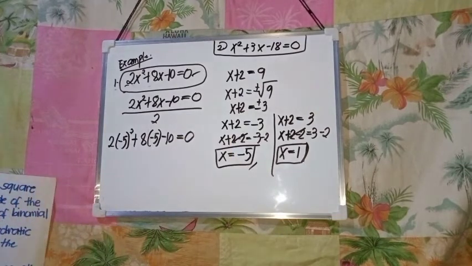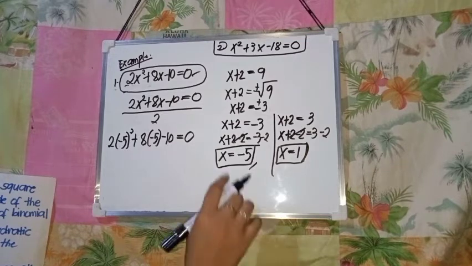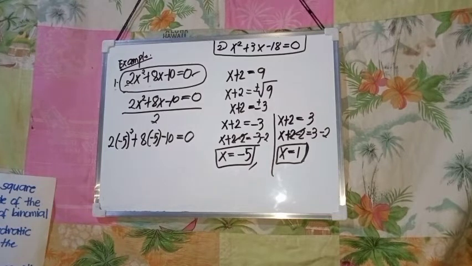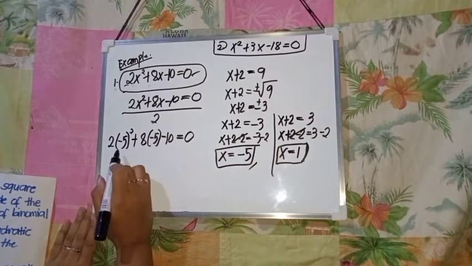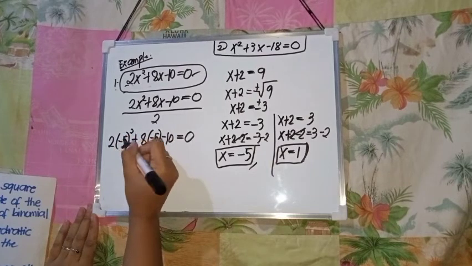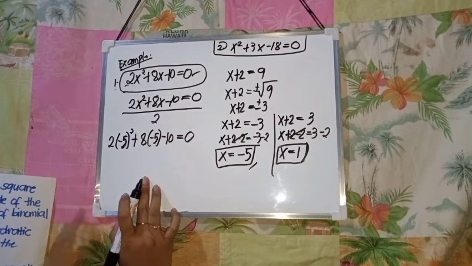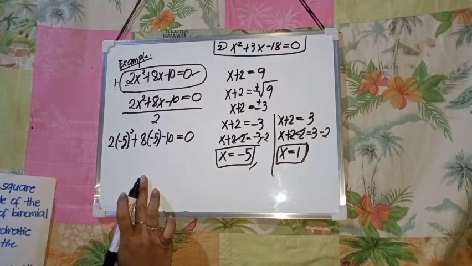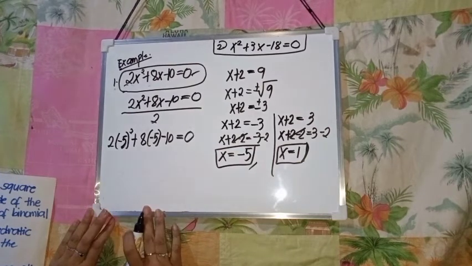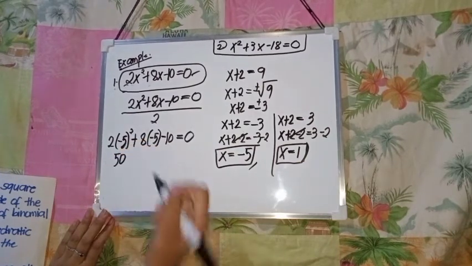What you are going to do is replace all the variables with their value. Since we used negative 5 first, all the x variables will be replaced with negative 5. By the rule, we need to solve for every number inside the quantity sign first. So negative 5 squared is 25, times 2. 25 times 2 is 50.